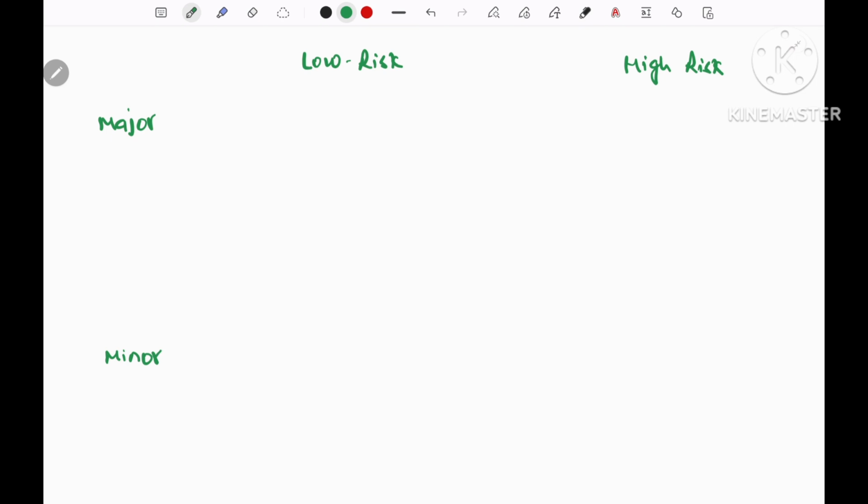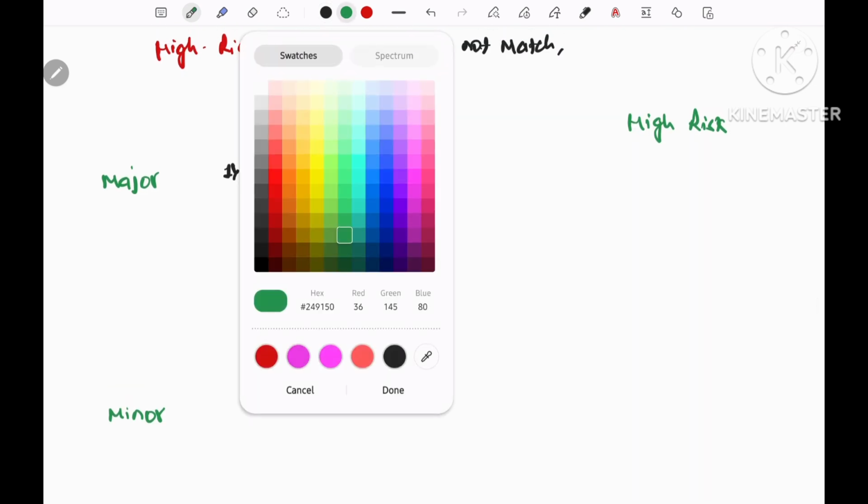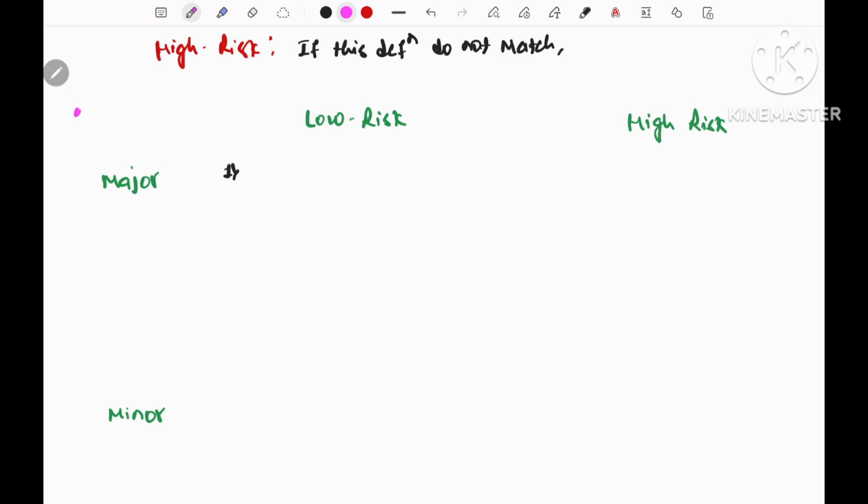In major criteria, first we'll talk about low risk and simultaneously about high risk. We have one mnemonic for this criteria, that is JONES. At first we will talk about J, meaning joint.